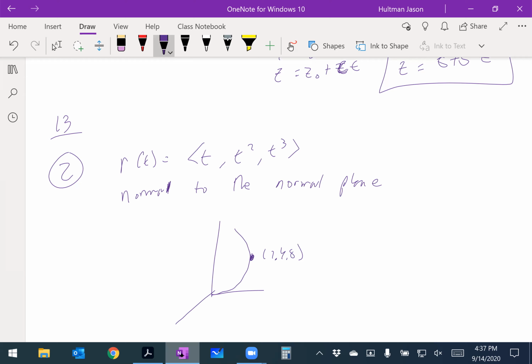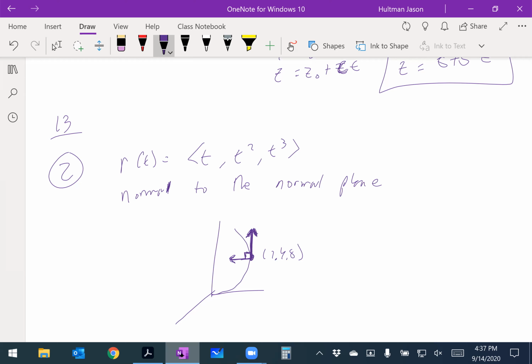We have a tangent to this, right? And normal to the tangent is the normal line. Does that make sense? This is normal to the tangent, right?